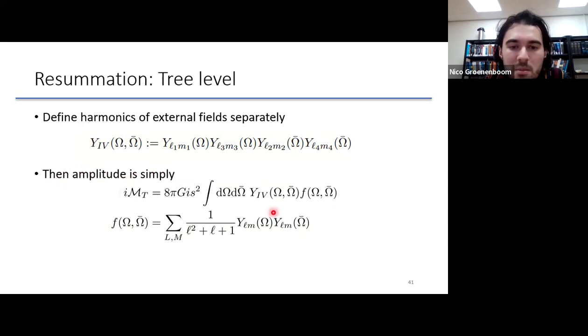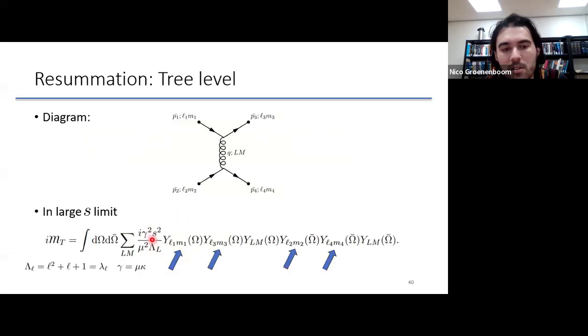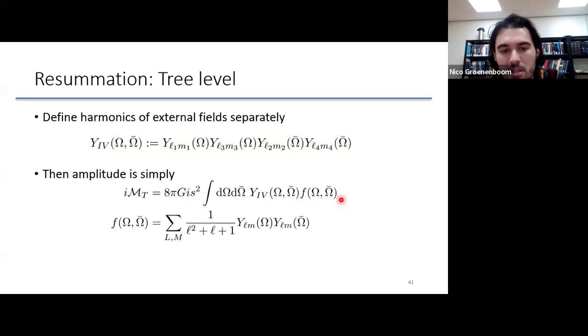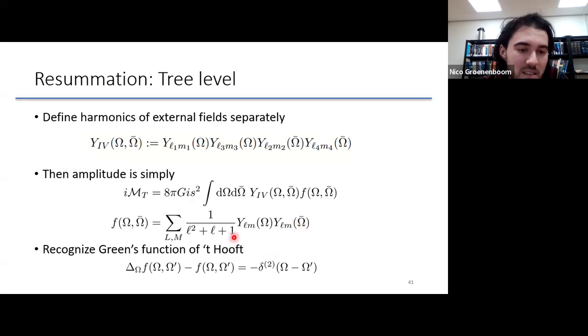Then the amplitude can be written down much more compactly with the gravitational coupling, the S squared, the double integral of the YIV, and the F of omega and omega bar, which is given by this summation of 1 over lambda of the graviton and its remaining two harmonics. Upon inspection, this function F is exactly the Green's function of the 't Hooft, defined by this differential equation.